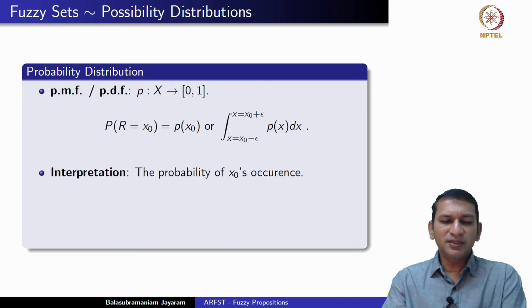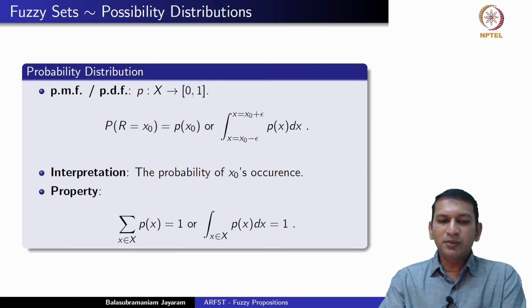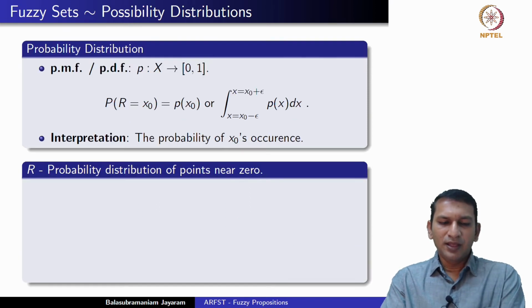How is it interpreted? It is interpreted as the probability of x0's occurrence. Now, when we are talking about PMF or PDF, note also that this property of it being normalized is available to us. Let's stay with this probability distribution for a few minutes more.